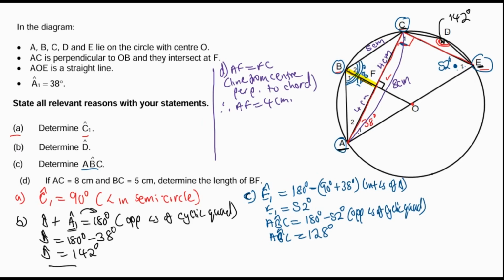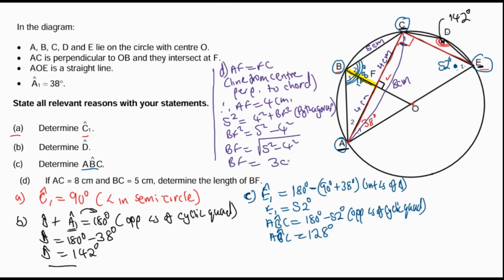Remember the ratio 3 is to 4 is to 5. But if you want, you can say 5 squared is equal to 4 squared plus BF squared. And then write your reason, Pythagoras. And then BF squared is equal to 5 squared minus 4 squared. BF is equal to the square root of 5 squared minus 4 squared. Then BF is equal to 3 centimeters.